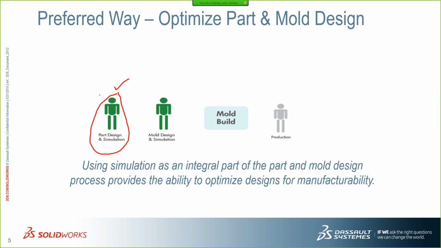Those can be frozen at the part design stage itself, and thereon I give the part to the mold designer. So we are already at an advanced stage, with not much to and fro between the part designer and the mold designer. Once these things are done, I release the part to production, and when the mold designer has also done enough simulation, he is sure that it is going to work.